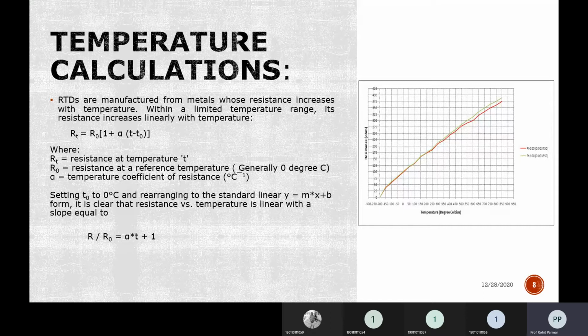R0 is nothing but resistance at reference temperature. So generally it is at 0 degree. Okay, alpha is the temperature coefficient of the resistance. Okay, and T is the temperature.